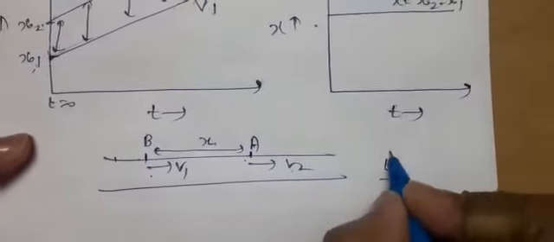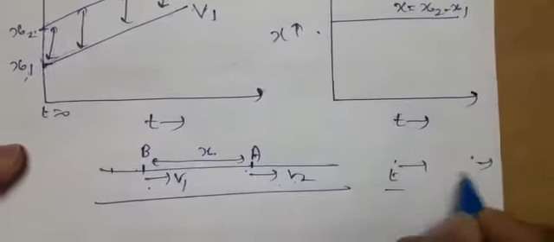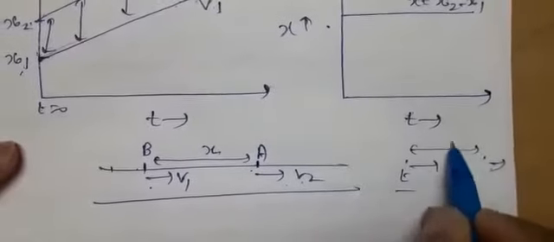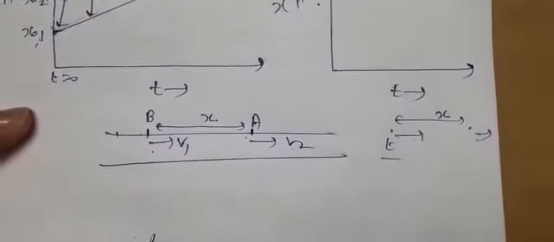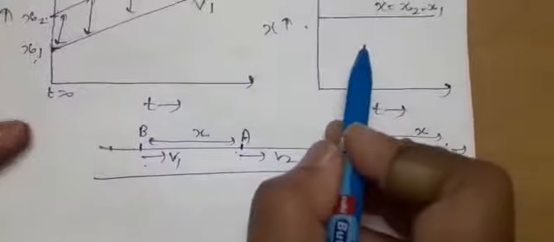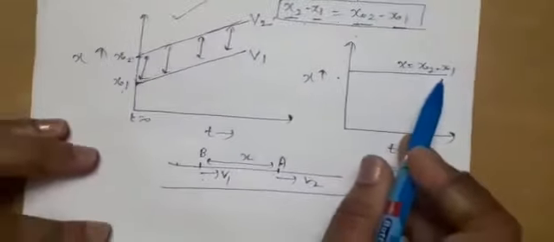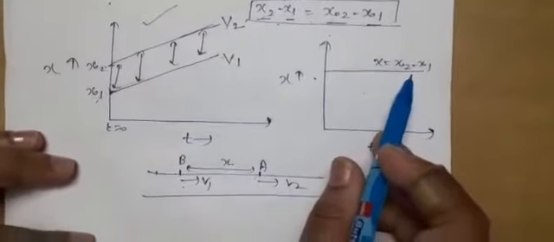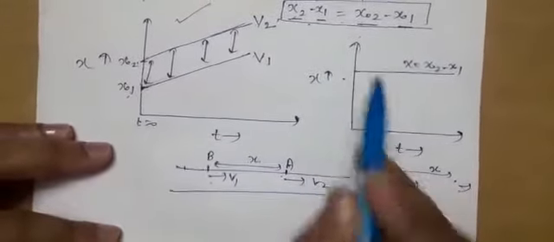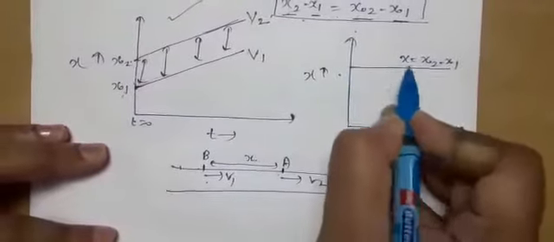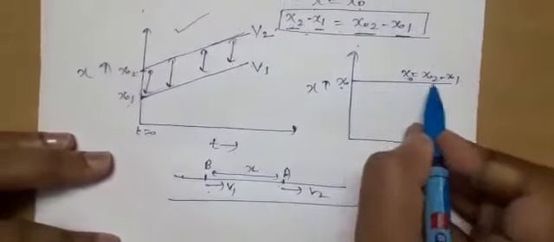So after time t, both bodies are moving with the same speed, and the separation should also remain the same, that is x. That's why in this graph we have represented this line. This is just for understanding, because the significance should be clear that this is indicating that constant value. If this is x0, that means x02 minus x01.